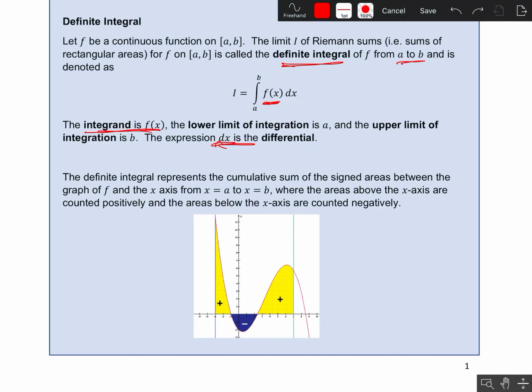And that's useful whenever there's more than one variable in the function that you're considering. And then the new things for today are these lower limits and upper limits of integration. So those tell you the two bounds on the sides where you want the area between. Let's just look at this picture here.